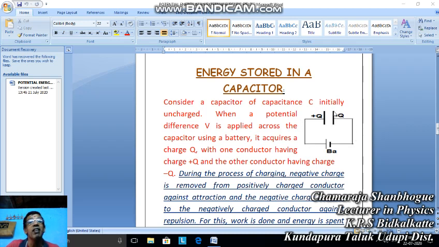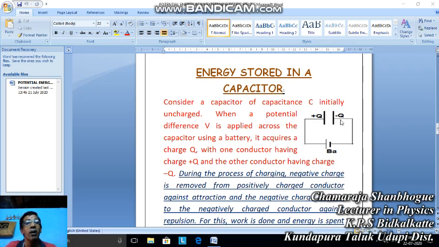The negative plate is already negative, we should add a few more electrons to it against the repulsion, because like charges repel. So electrons are removed from the positive plate against attraction, and electrons are given to the negative plate against repulsion.